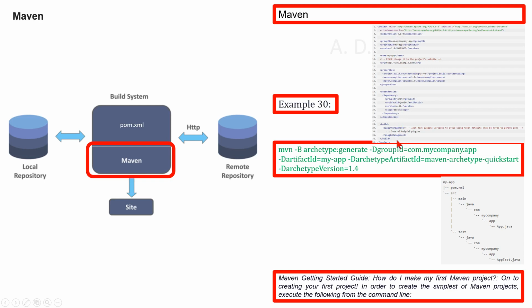Pom.xml contains the Project Object Model for this project, and the POM is the basic unit of work in Maven.